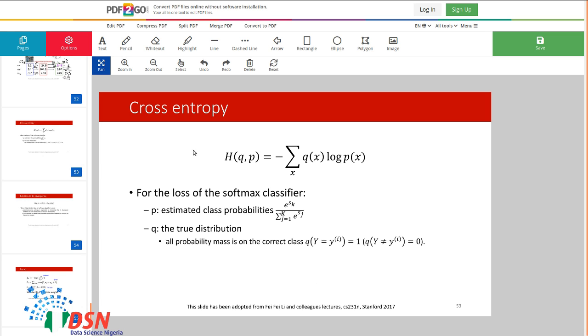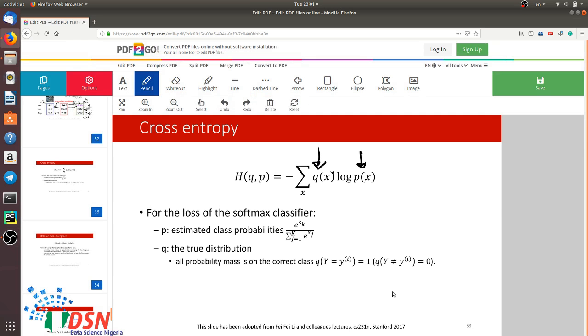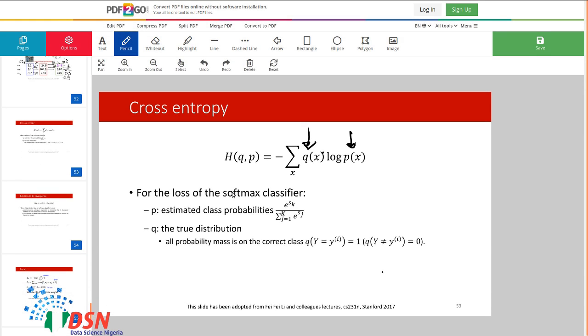Okay, so we talked about the cross entropy before, so we could write the cross entropy as the minus sum over q(x) times log of p(x), where q is the true distribution and p is the estimated model of probabilities.